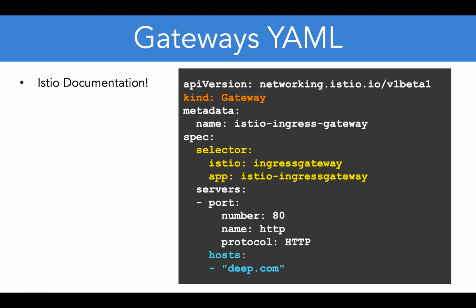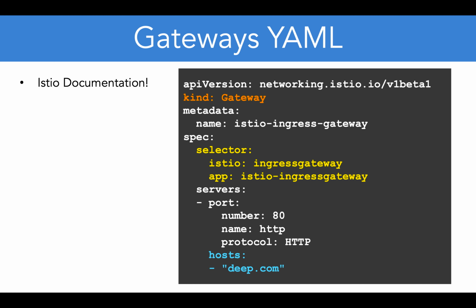So what is this host? It is familiar because you have seen this in virtual service. So you know how virtual service is implemented. When you create a virtual service, that configuration is sent to all the envoy sidecars or all the envoy proxy containers.